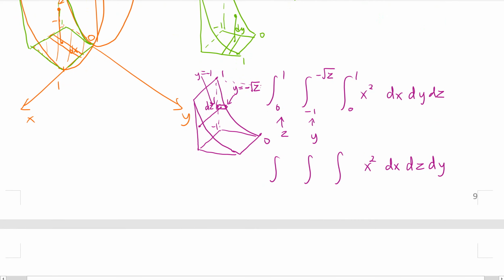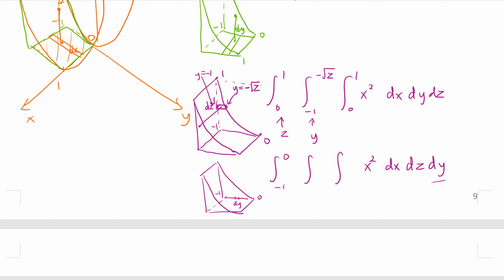Okay, let me draw another picture here. Okay, so dy is here, and then y is from minus 1 to 0, and then z, so we want to draw a rectangle on the yz plane. z is from 0 to this parabola, which is y squared.